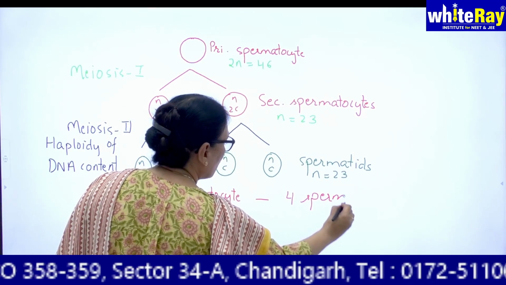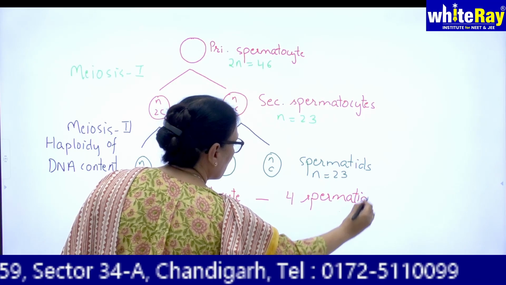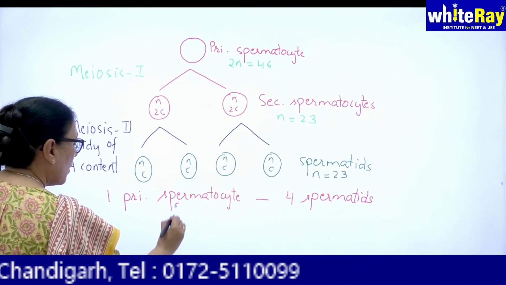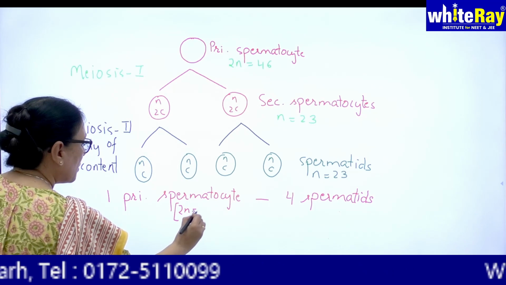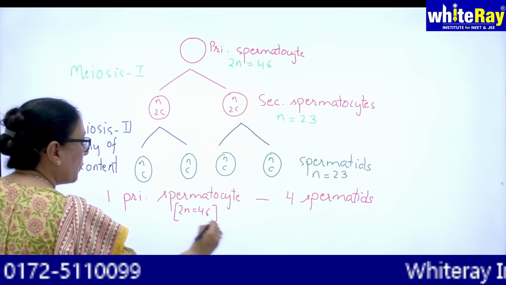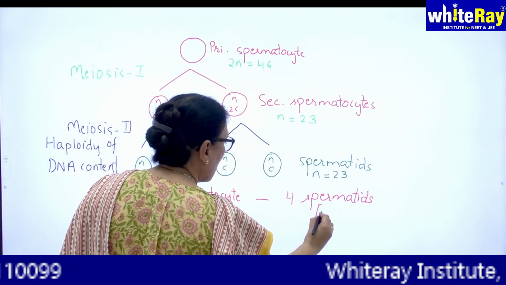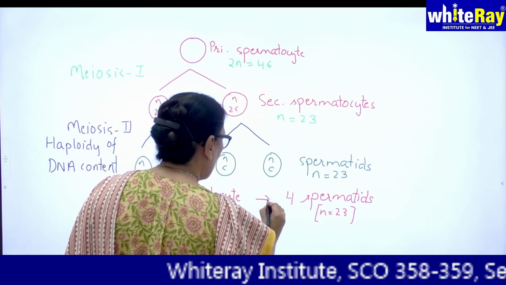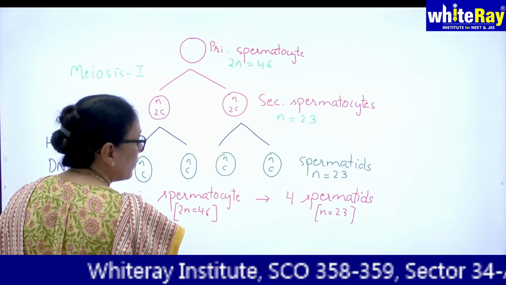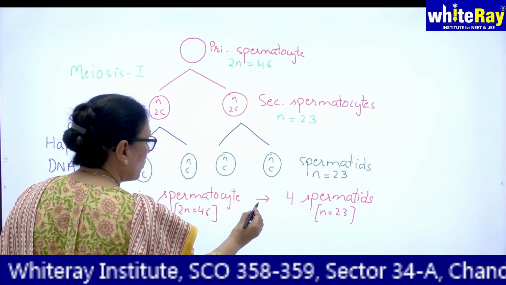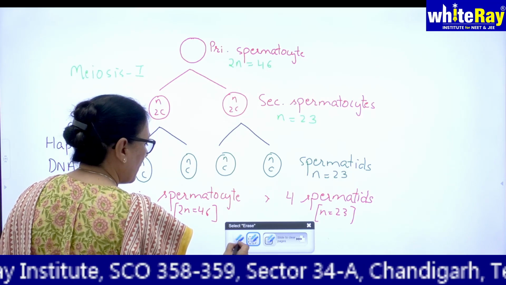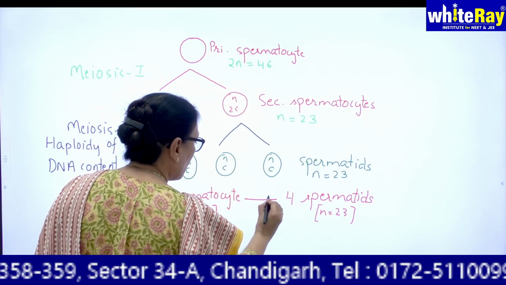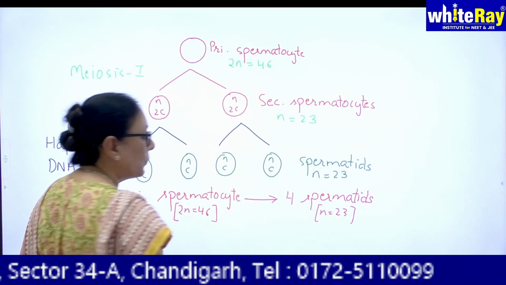The primary spermatocyte was 2n, which is 46, and the spermatid that is formed is n equal to 23. So this has formed the spermatids.